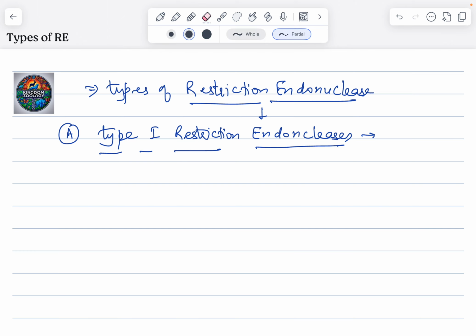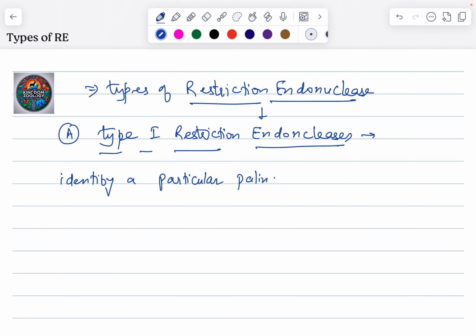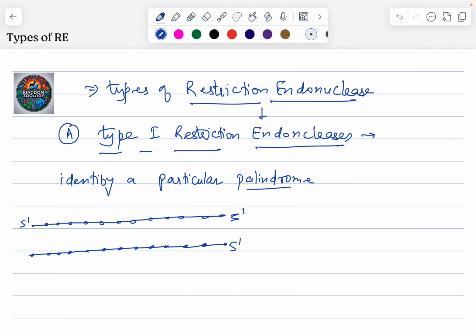So type 1 restriction endonucleases are the ones that identify a particular palindrome. Palindrome, I hope you can recall what it means. A type of sequence in the DNA that actually has same base pairs from both the sides. For example, if this is your DNA strand with the nucleotides on it, over here is the 3' end, the second strand 5' end, and this is your, let's say, the 3' end.